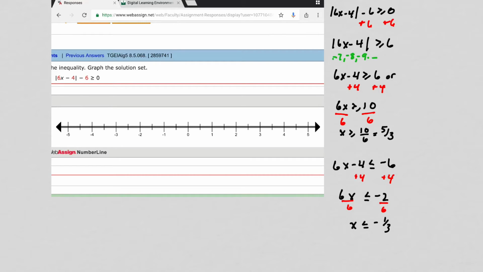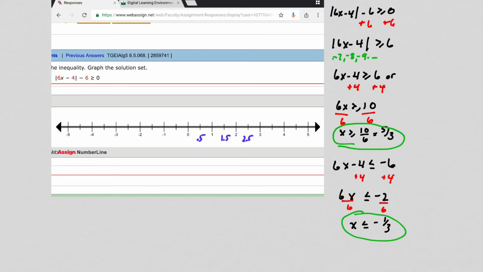So as we answer this on the number line, we have the two parts to our answer. We have the x is greater than or equal to 5/3, and the x is less than or equal to -1/3. So on the number line there, x is greater than or equal to 5/3. So each of these little tick marks here is 0.5.